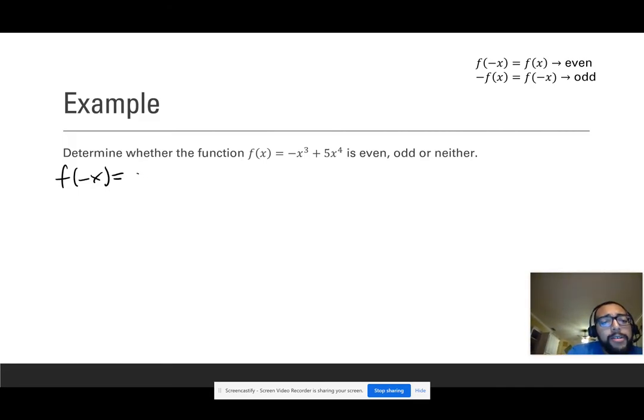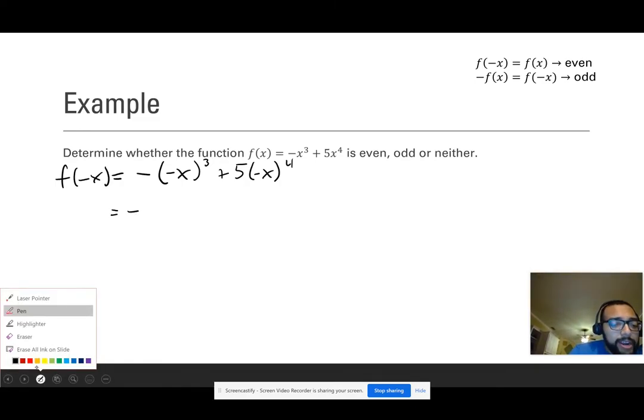So negative, some double negatives here, negative x cubed plus 5 times negative x to the fourth. Okay, let's apply that little shortcut we did last time. We're saying anything to the odd power is going to end up negative, and anything to the even power is going to end up being positive. So this thing here, just bring that coefficient out on the outside.